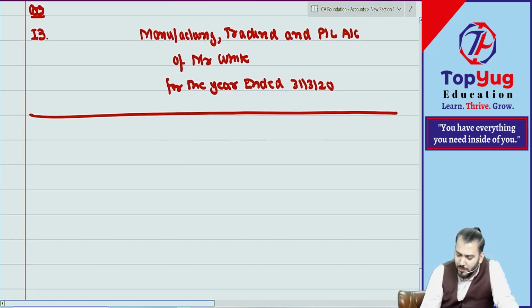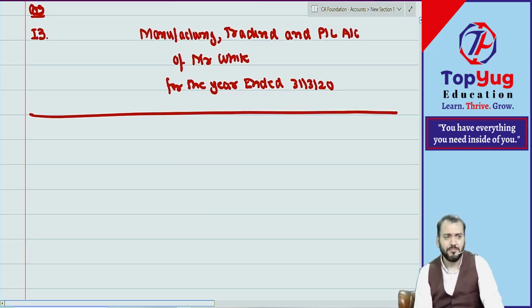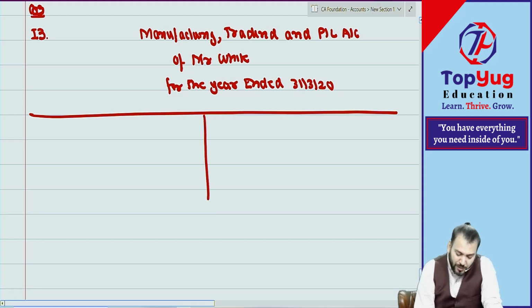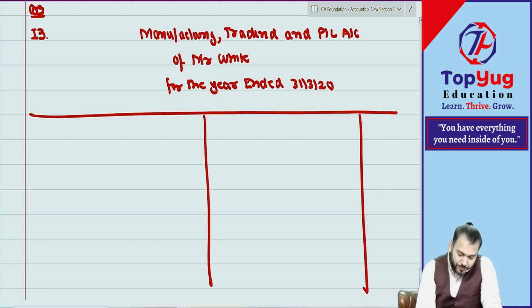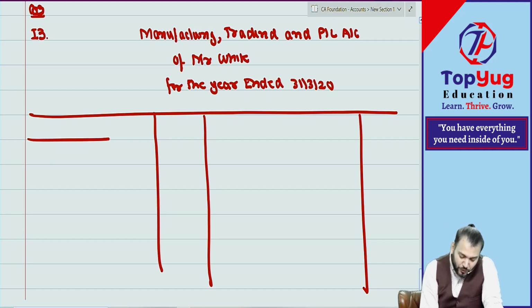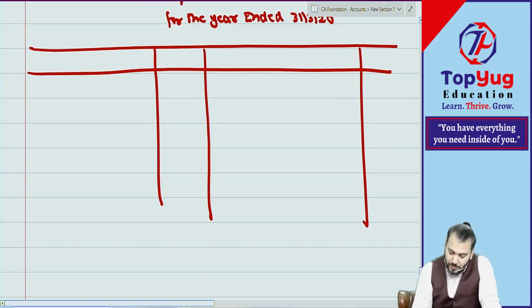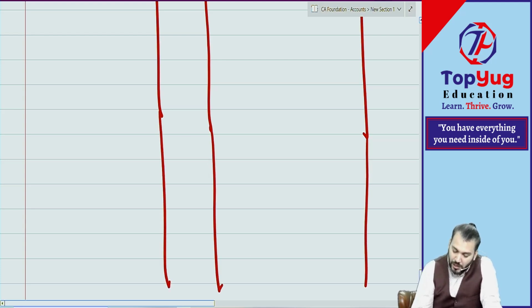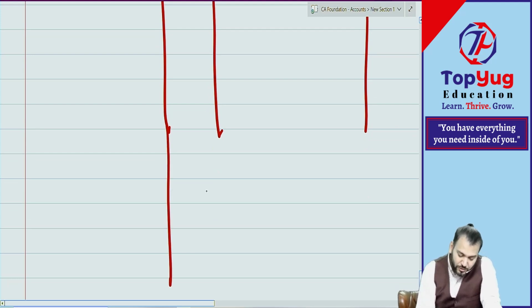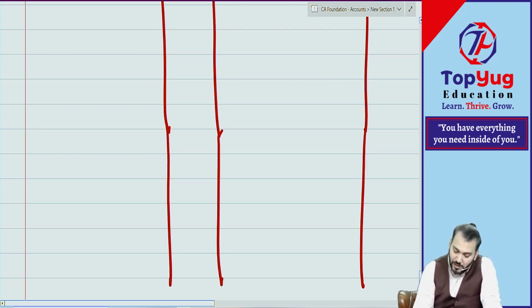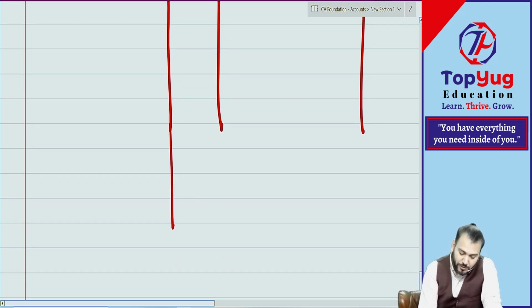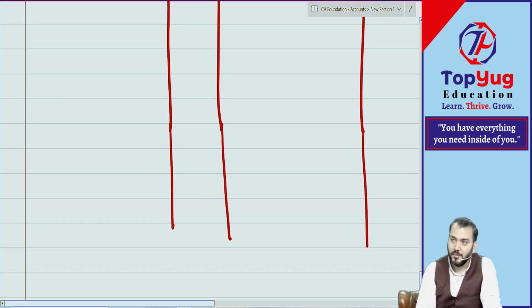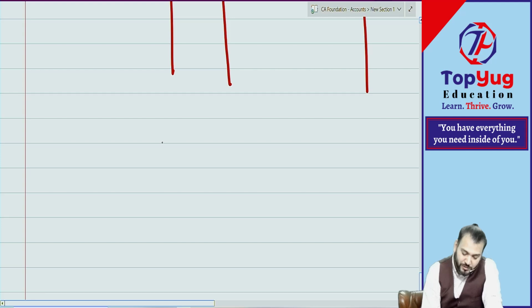If unit is not given, ignore unit. In this question, unit is not given, so there is no need to make a unit column. Leave sufficient space, and don't be confused. Then after this, balance it. You will prepare the balance sheet and help me.